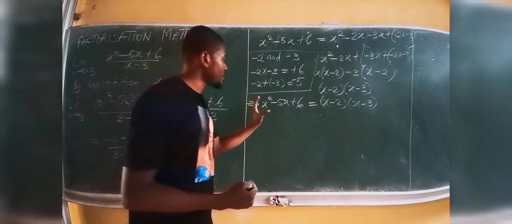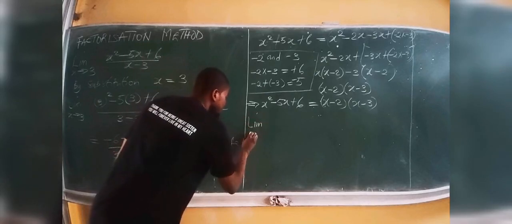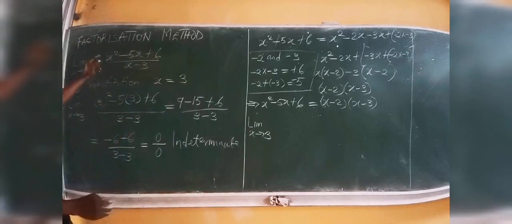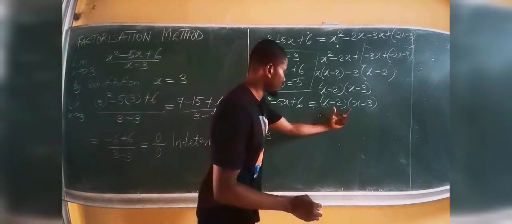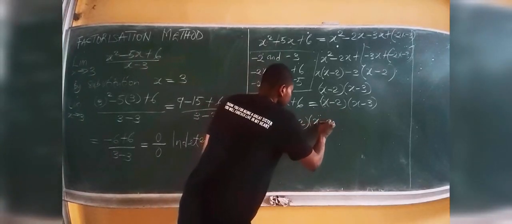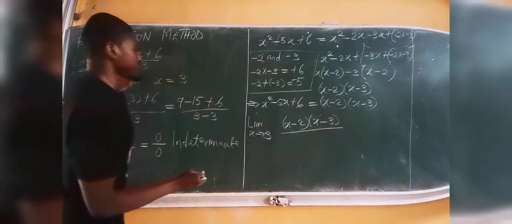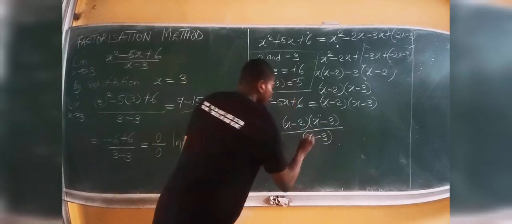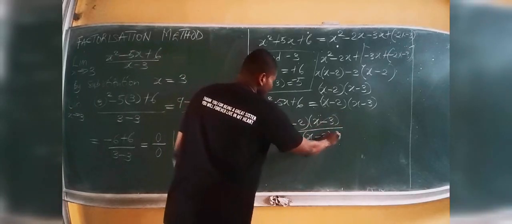All right, so in place of this, the limit becomes the limit as x tends to 3. In place of x squared minus 5x plus 6, we put in the factors, x minus 2 multiplied by x minus 3, all over x minus 3. From here, x minus 3 cancels x minus 3.